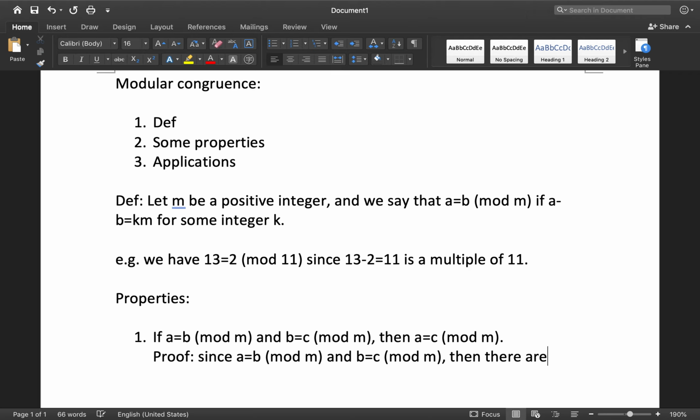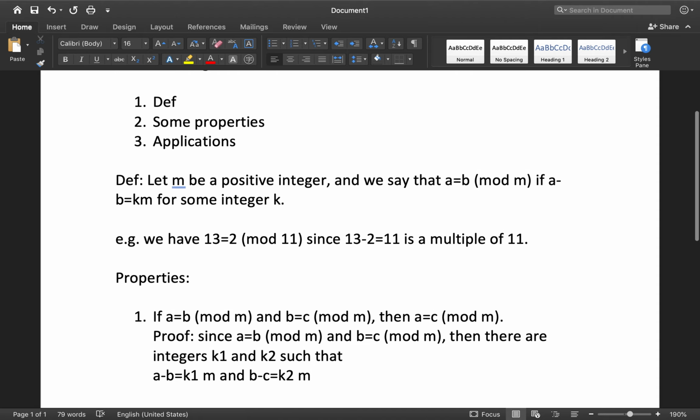There are integers, for example k1 and k2, such that a minus b equals k1 times m, and also b minus c equals k2 times m. That is just the definition of congruence.